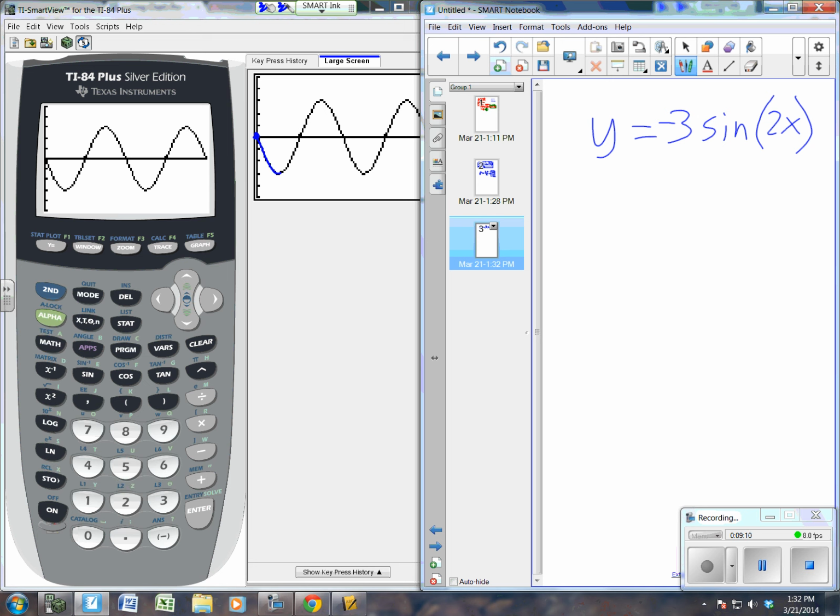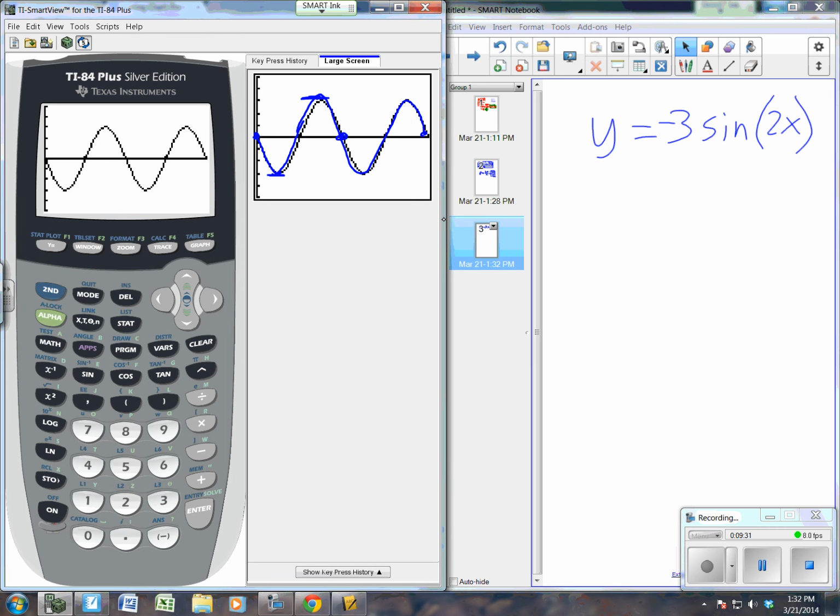So it's got to be negative, right? And it went clear down to -3. It's going up to +3 up here. There's 1 cycle right there, right? And here's a second cycle right here. So we have -3 sine of 2x. Any questions on that?